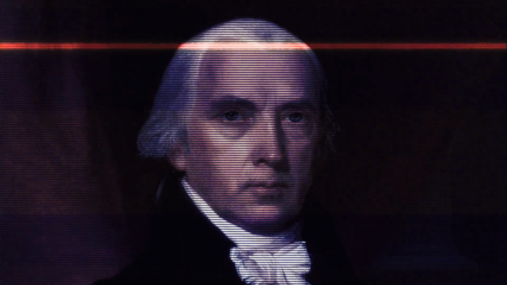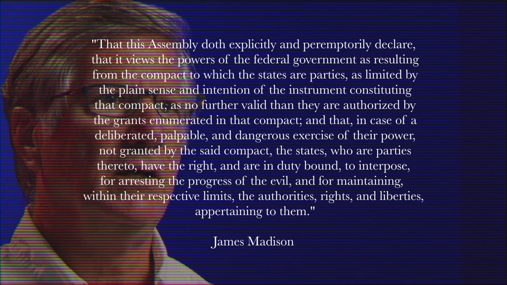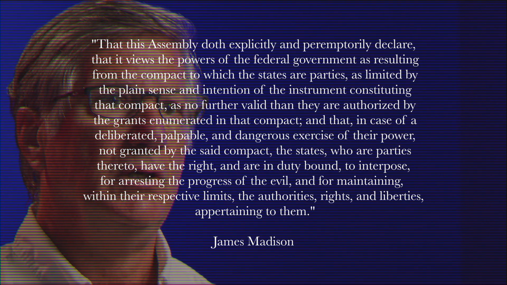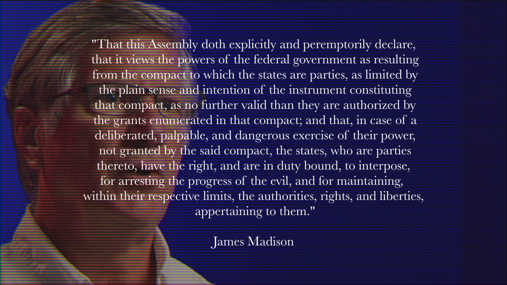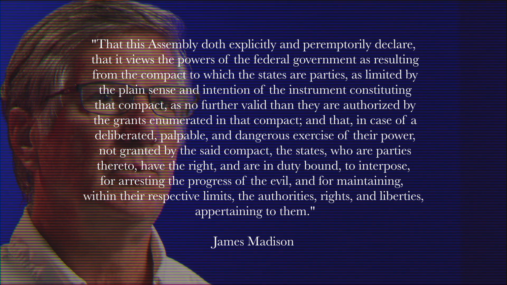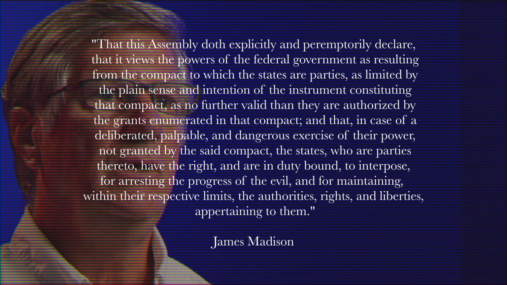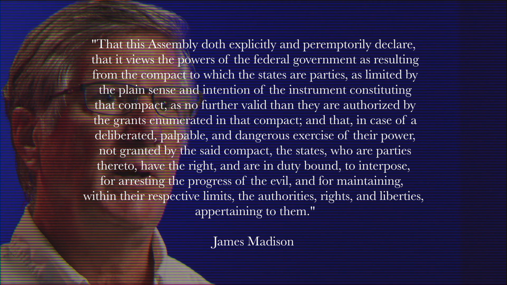In the Virginia Resolution of 1798, Madison wrote that "this assembly doth explicitly and peremptorily declare that it views the power of the federal government as resulting from the compact to which the states are parties, as limited by the plain sense and intentions of the instrument constituting the compact, as no further valid than they are authorized by the grants enumerated in that compact, and that, in the case of a deliberate, palpable, and dangerous exercise of their power, not granted by the said compact, the states who are parties thereto have the right and are in duty bound to interpose for arresting the progress of the evil, and for maintaining within the respective limits the authorities, rights, and liberties appertaining to them."